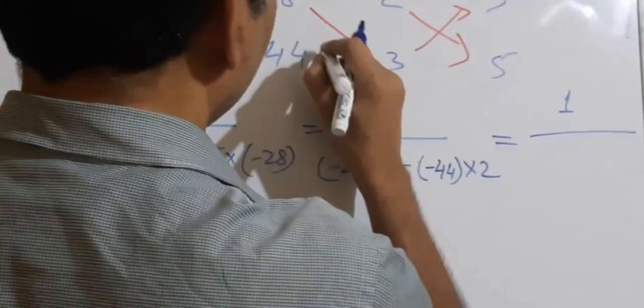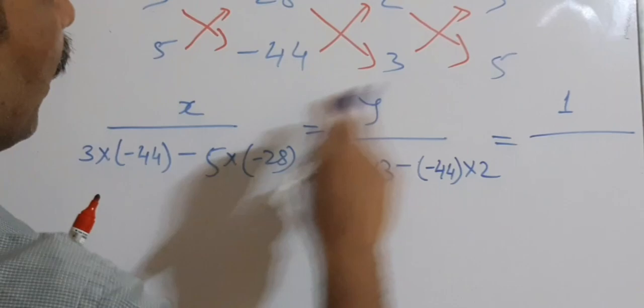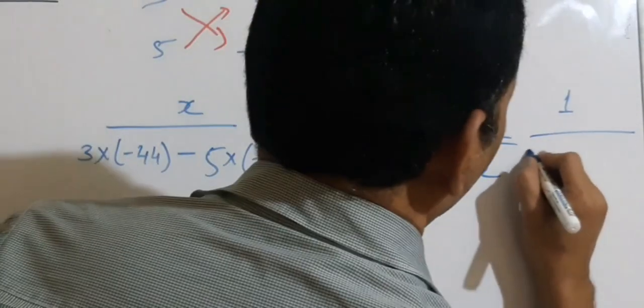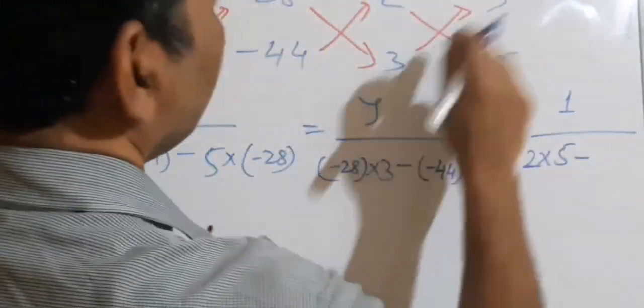Okay, so we are cross multiplying. So 2 into 5 minus 3 into 3.